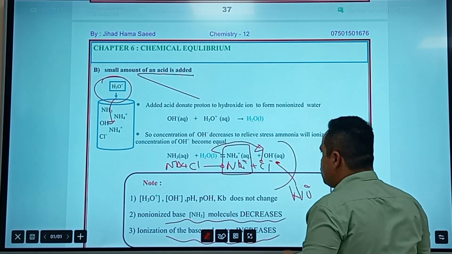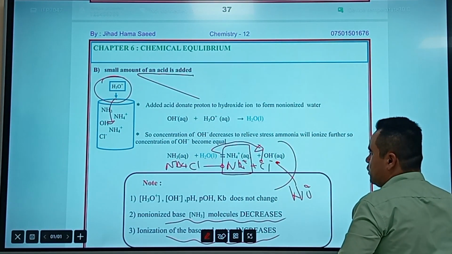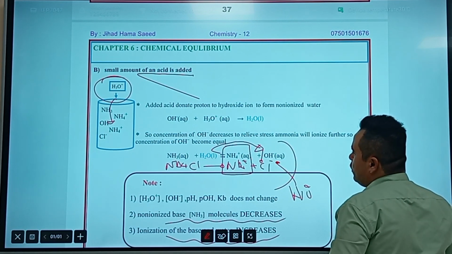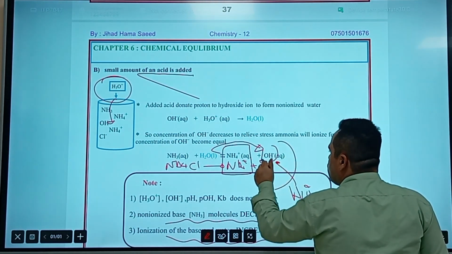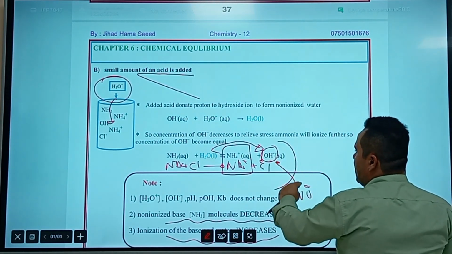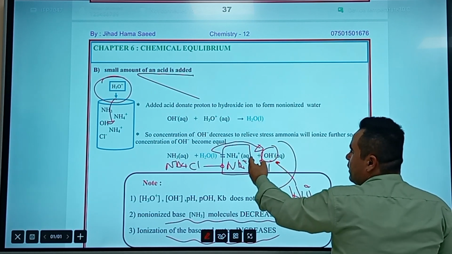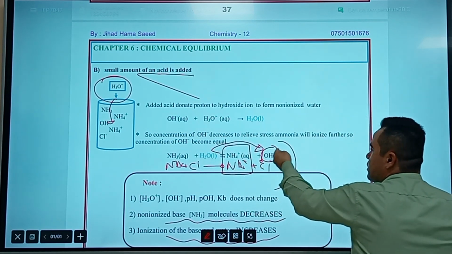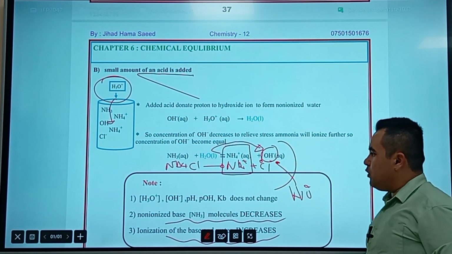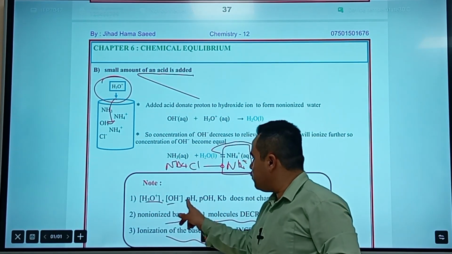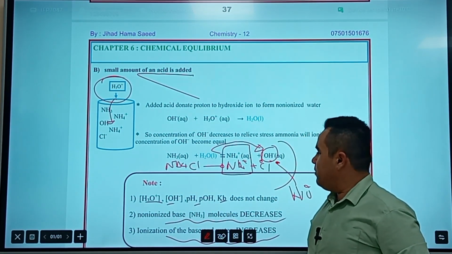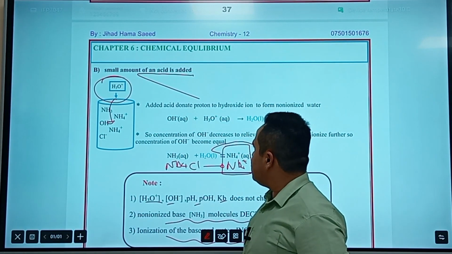The concentration reduces because there is consumption of the ammonia. But in terms of the hydroxide, when we remove hydroxide initially, it is compensated by the ionization of the ammonia, so in total there is no change in hydronium, hydroxide, pH, pOH, and Kb values.